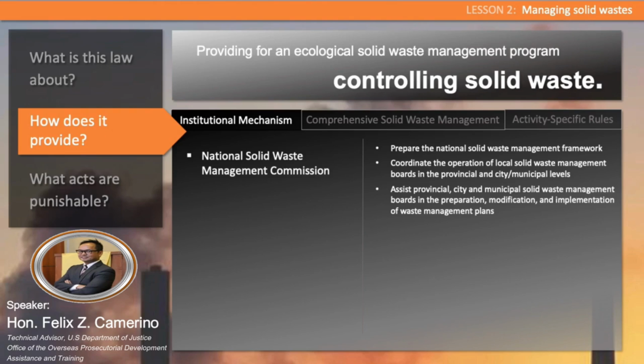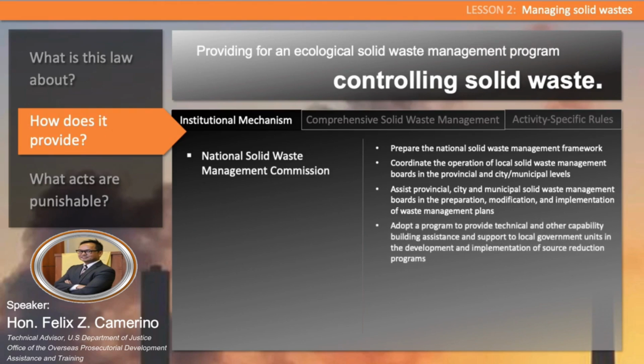So the local governments are not on their own. As well, they adopt programs and provide technical and other capability building assistance and support to local government. Okay, so its function isn't just to create policies, but to also assist in the implementation of those policies. Okay, which necessarily includes capacity building and the like.